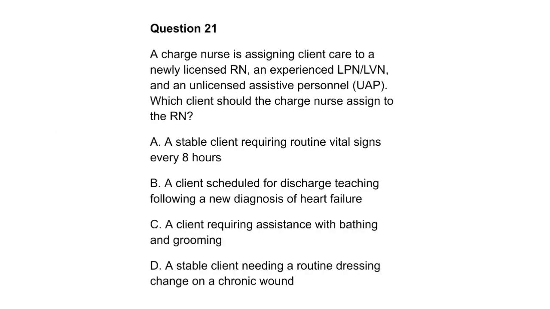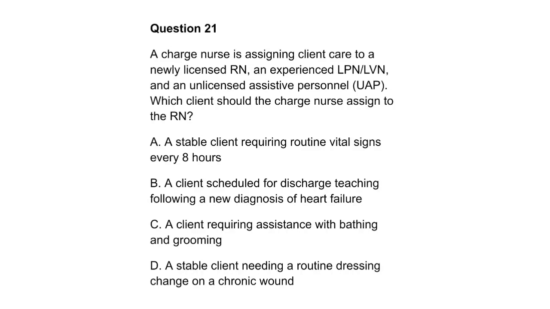Question 21. A charge nurse is assigning client care to a newly licensed RN, an experienced LPN/LVN, and an unlicensed assistive personnel, UAP. Which client should the charge nurse assign to the RN? A. A stable client requiring routine vital signs every 8 hours. B. A client scheduled for discharge teaching following a new diagnosis of heart failure.